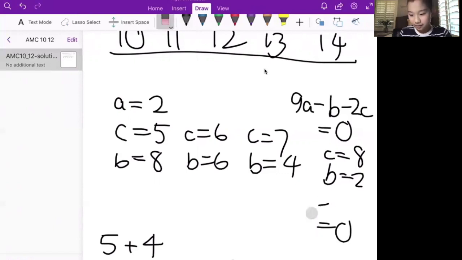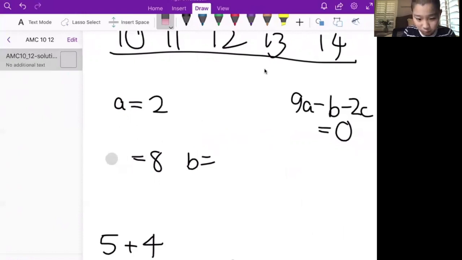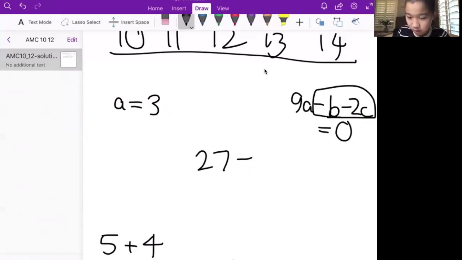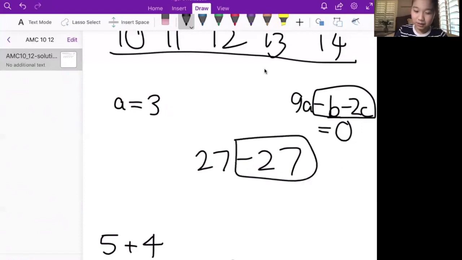Yeah, and then after that, let's look at A equals 3. So then, if C and B were less than 9, then that won't work. Like 9A is 27, and if B and C were less than 9, then this number right here wouldn't be as small as 27, because you'll have to have both 9s for B and C to get this minus 27.